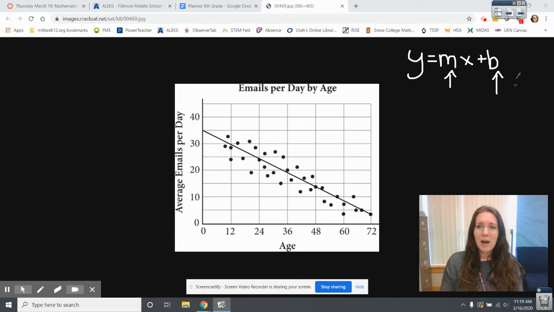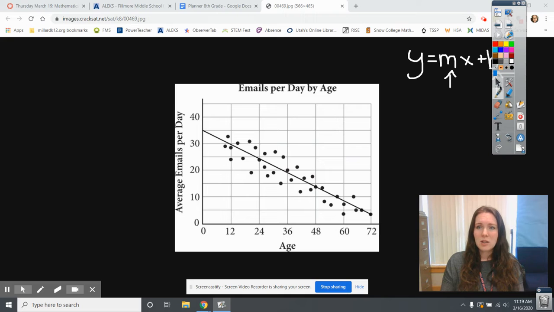Y-intercept is where the graph crosses the y-axis. So I can look over at my graph and see, oh, hey, this is beautiful and nice. It crosses at 35. Now, something I want you to know is that it's not always going to cross at a beautiful number. It might cross somewhere and you say, I do not know what that is.